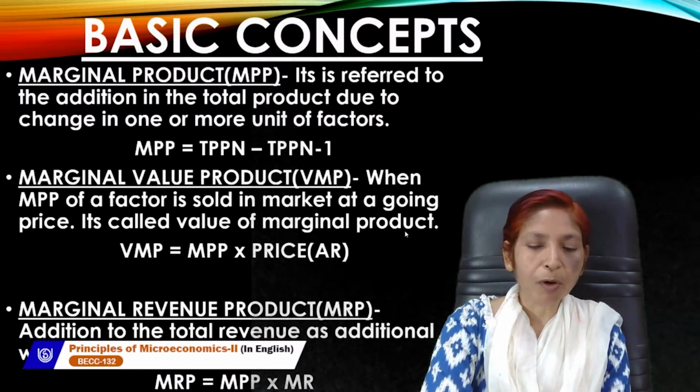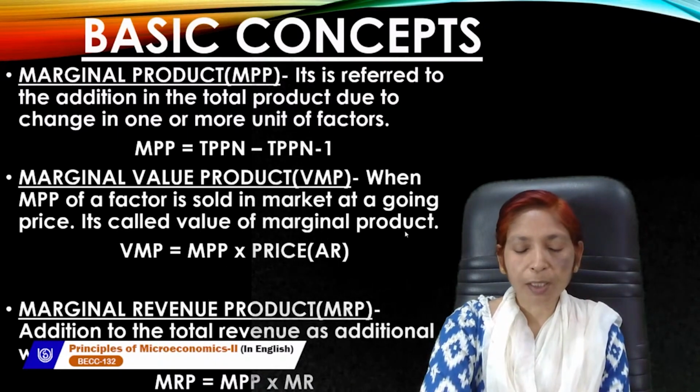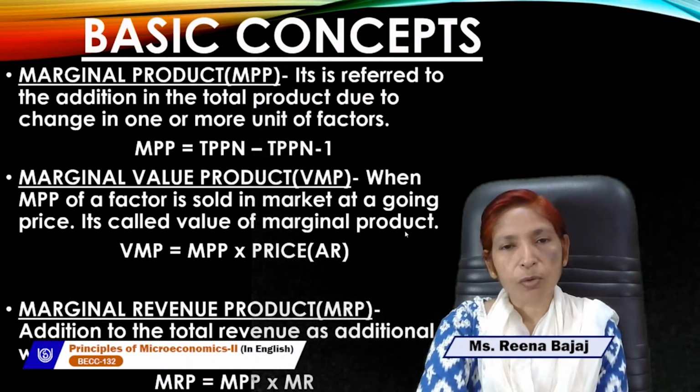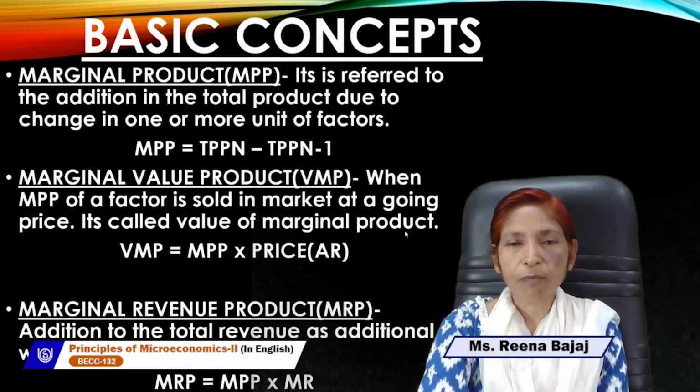And when we are talking about marginal productivity theory, we must know what is marginal product. Marginal product is the addition in total product due to a change of one more unit of a factor.